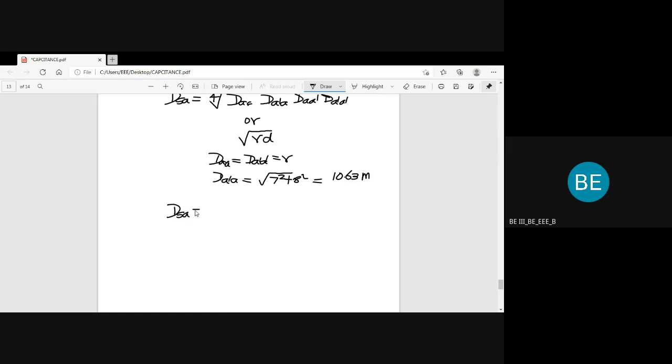So DsA will be equal to the fourth root of D_AA, which is 1.25 into 10 power minus 2, into 10.63, into 10.63, into 1.25 into 10 power minus 2.